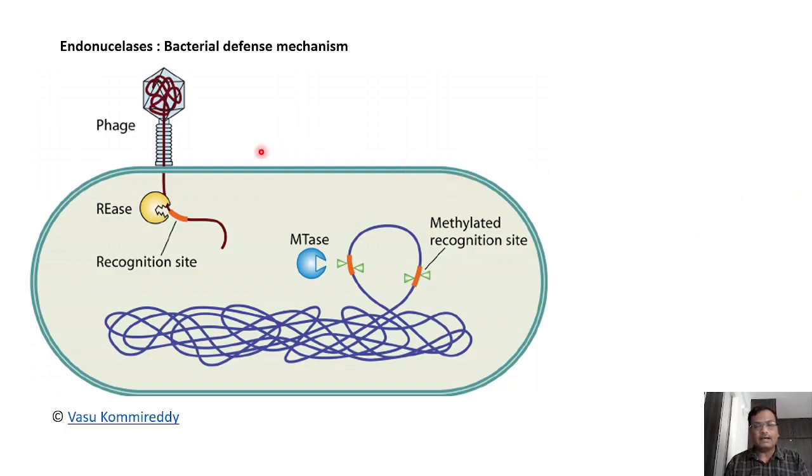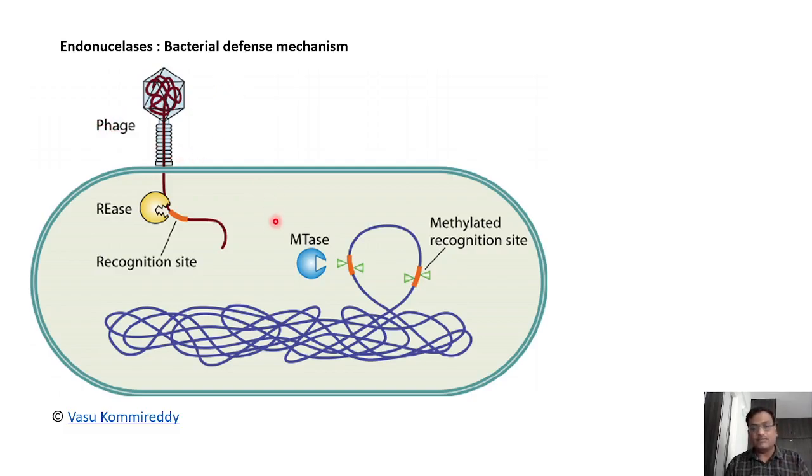Now bacteria, say this is a bacteria, let us say this is Escherichia coli. Bacteria is a very simple cell. It is a prokaryotic cell, even without a nucleus. Even the bacteria are infected by some viruses called phage viruses. They are commonly called bacteriophages.